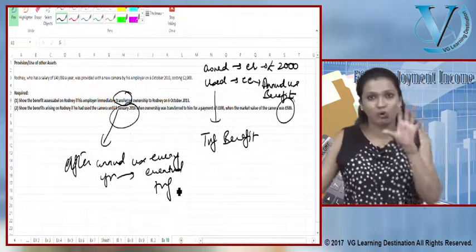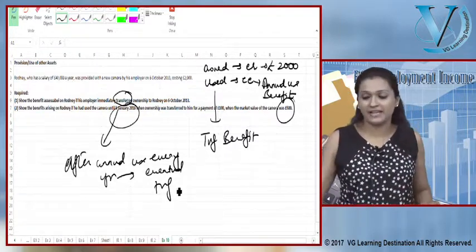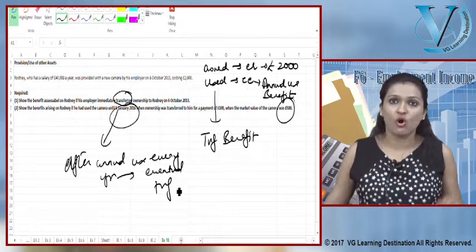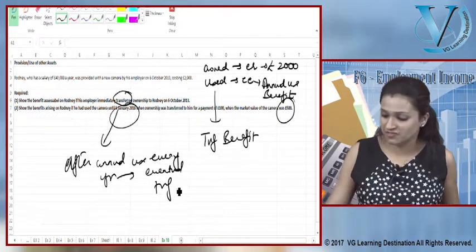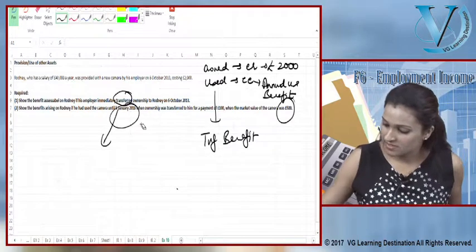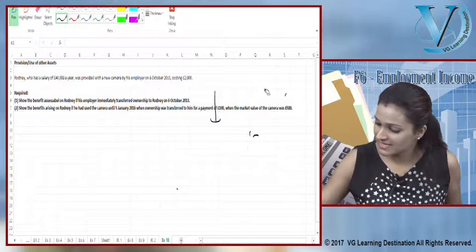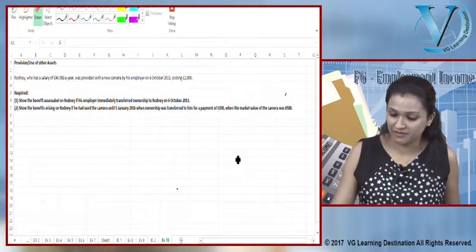So let's have a look at both these situations and find out the assessable value of the benefit of the use of the camera along with the transfer of the camera.